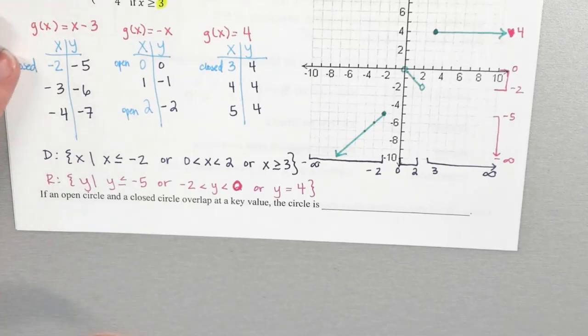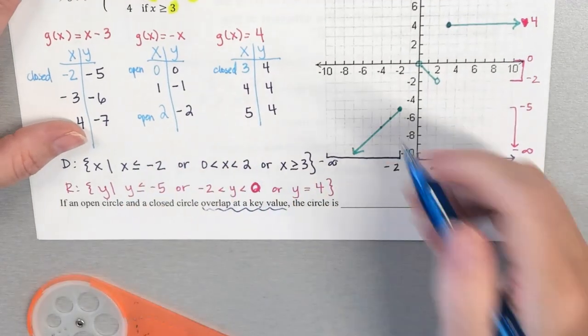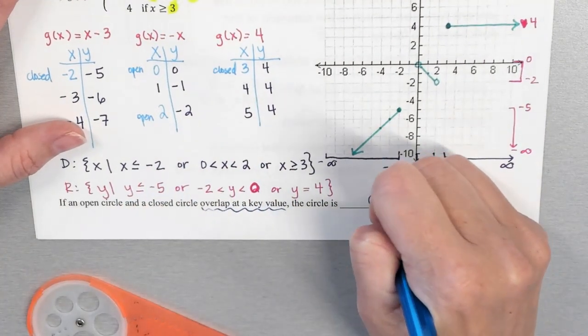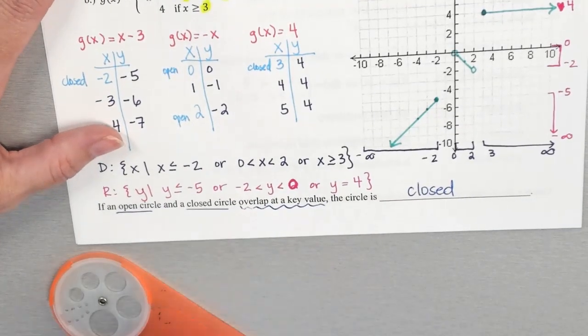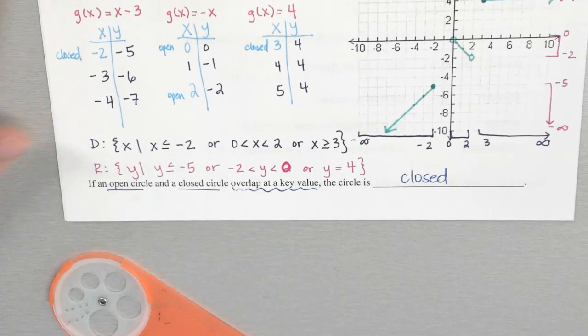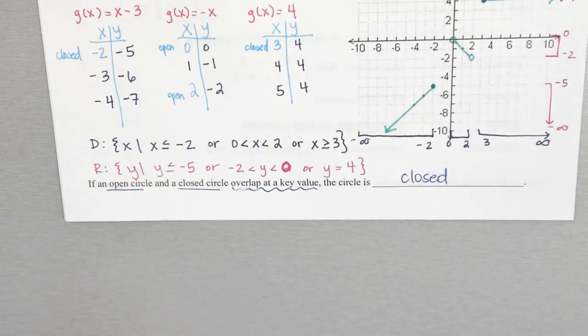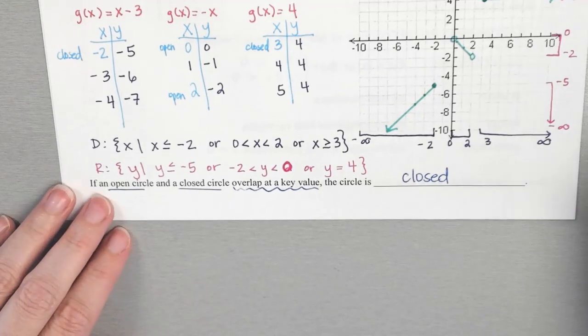So if they overlap at a key value, the circle is closed. So don't make a target, don't do a closed inside the open, it's just going to be closed. You can just fill it right in.